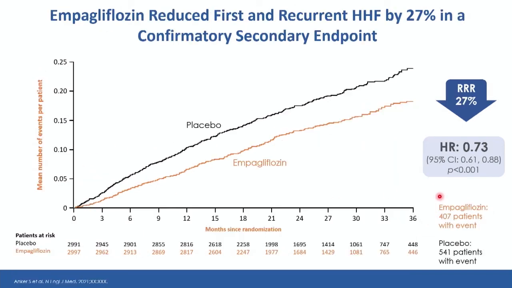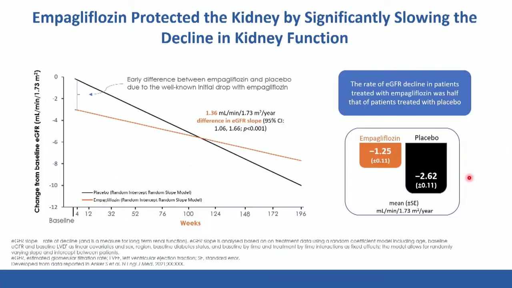And then it also has the confirmatory secondary endpoint, reducing the first-time recurrence of hospitalization by 20%, once again with significant p-values. And it also protects the kidney by significantly slowing the decline in kidney function.